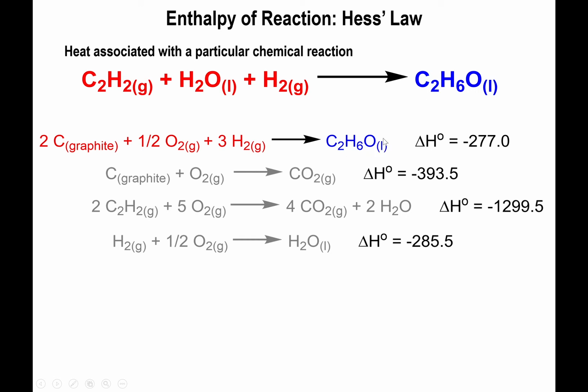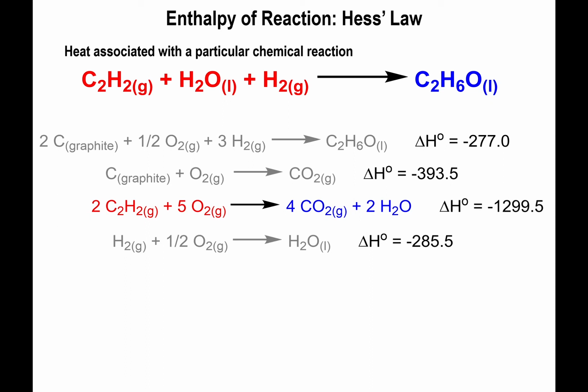So what this is telling us is that the first equation already has the correct amount of the molecule that we're looking for and in the correct place. So that tells us that the first equation cannot be changed. If you multiply by a number or you reverse or you do anything to it, you will change the proportion of C2H6O, which will mess you up when it comes down to getting the final equation. So right now we know that we have to keep the first equation intact. We're not going to touch it or move it.